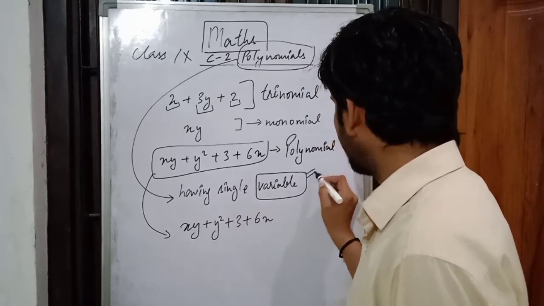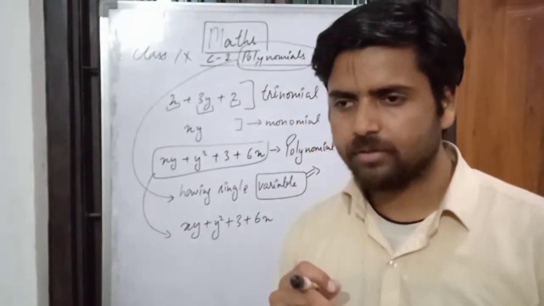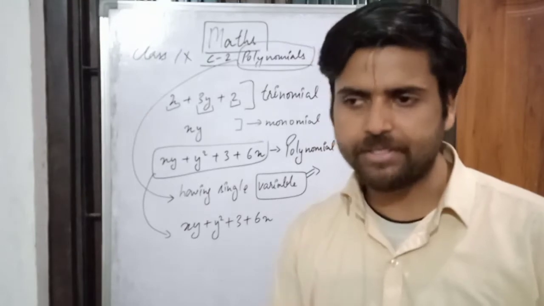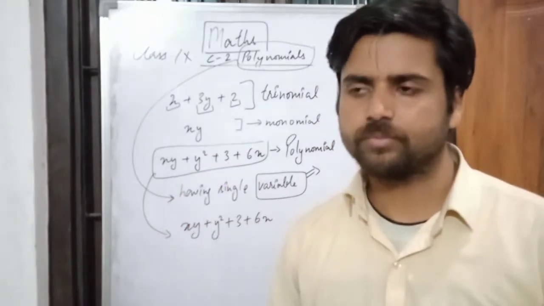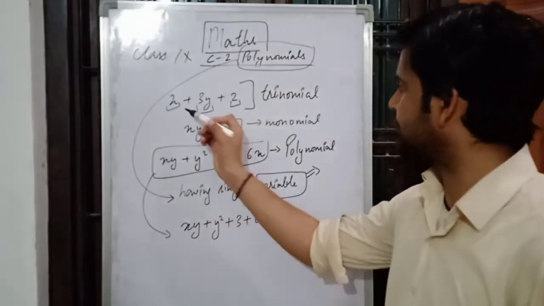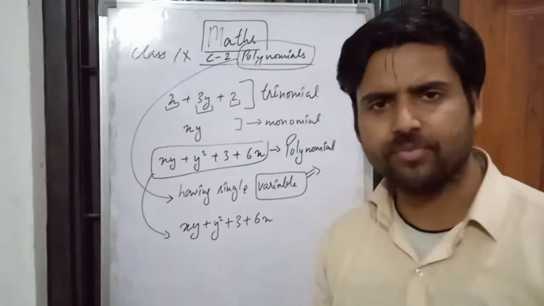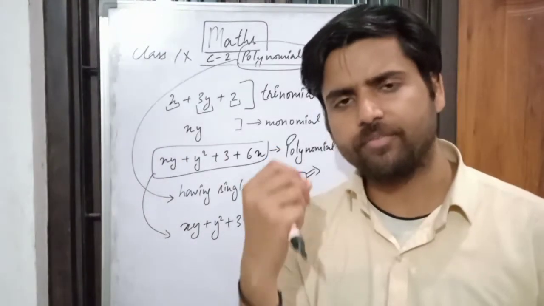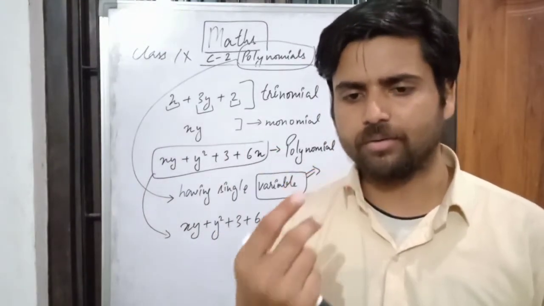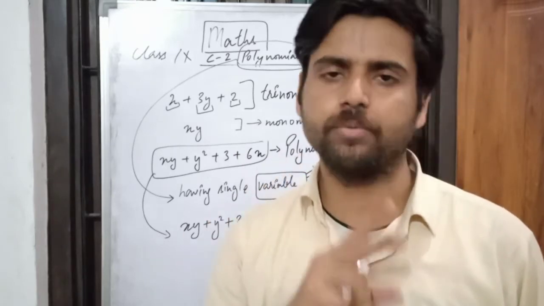Now variables are what? They are the entities which can assume any value. Let's say here if I talk about this one, x can be 3, x can be 5, x can be whatever value you are going to use according to the question, according to the situation that is given to you.